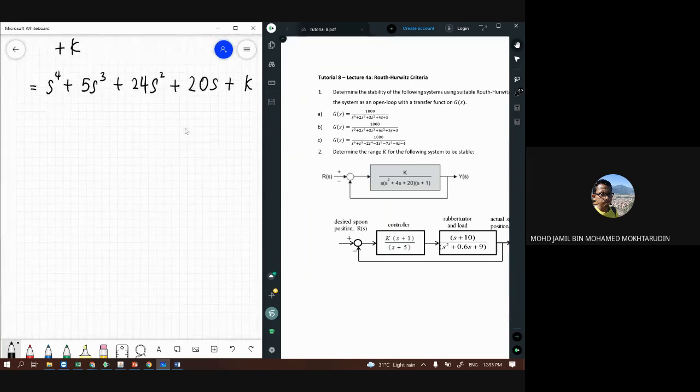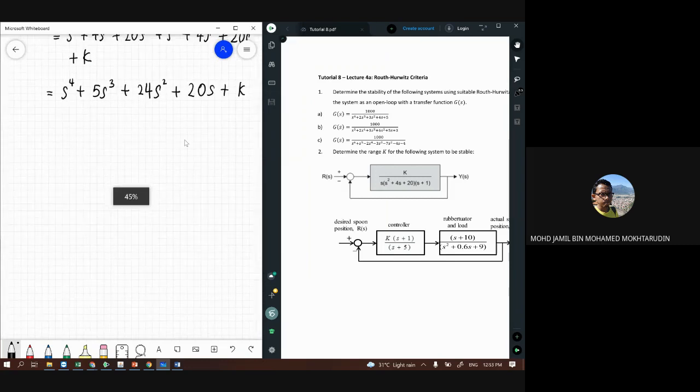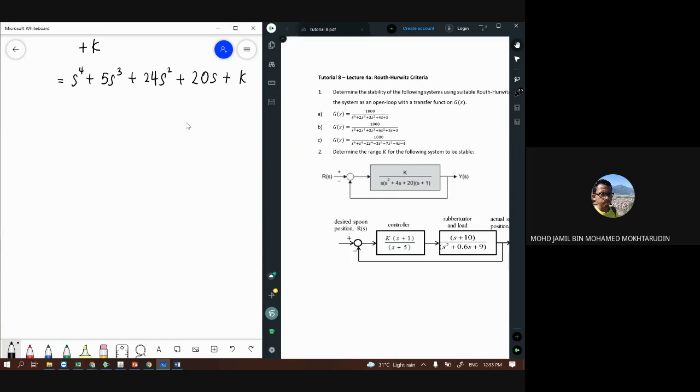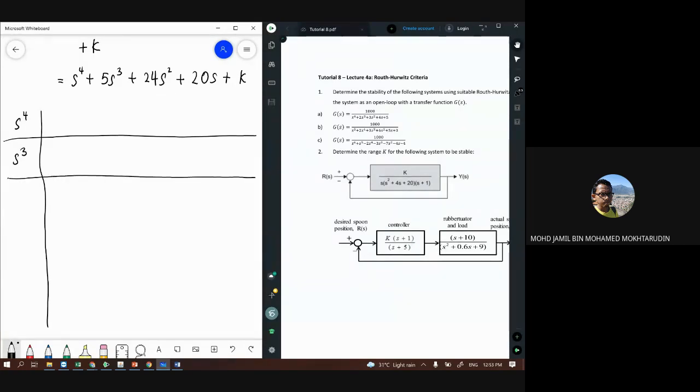Then you can generate the table. So we start with S4 because the highest power is S to the power 4, followed by S to the power of 3. And then we fill the two top rows alternatingly with the coefficients of the denominator.